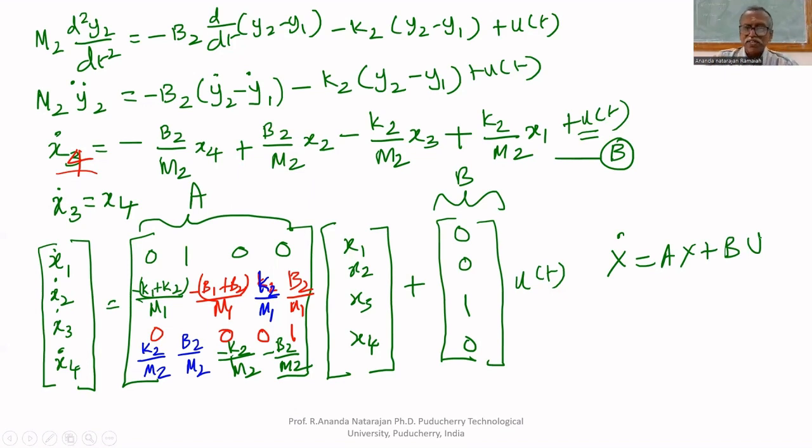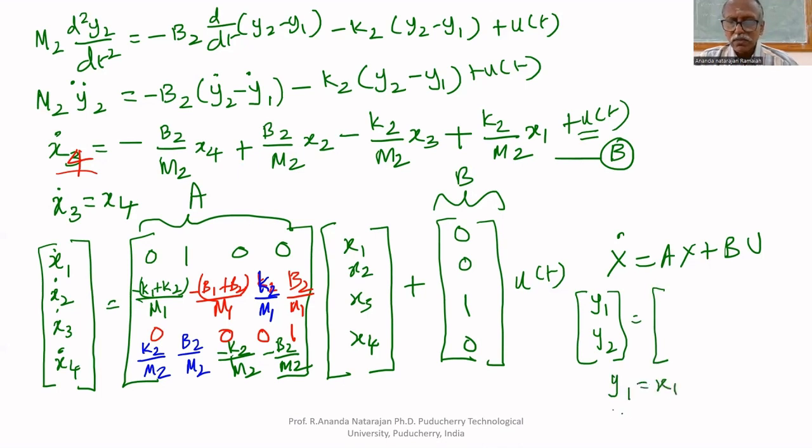Suppose you want to write the output equation, what are all the outputs? Y1 and Y2 are outputs. Y1 equal to x1. Y2 equal to x3. Therefore, we can write 1, 0, 0, 0.